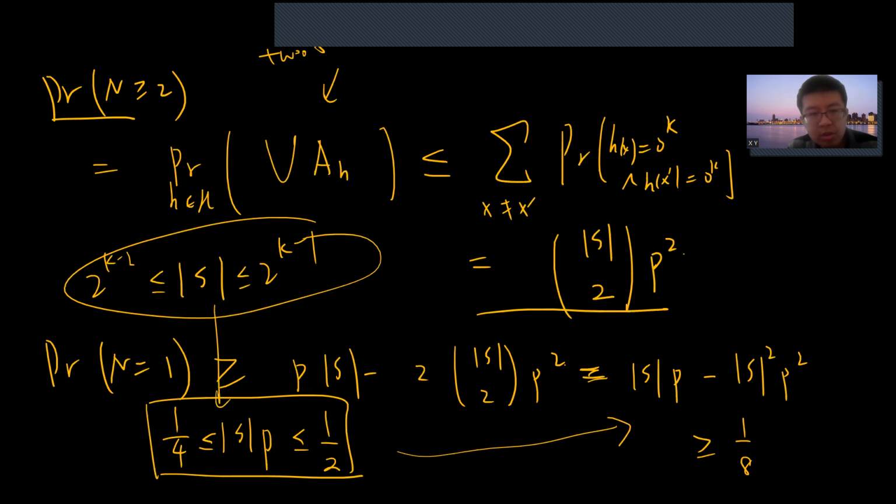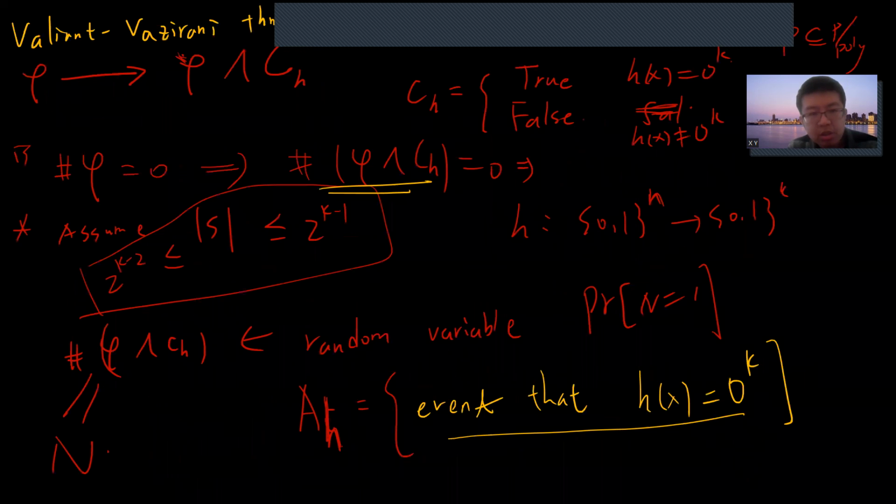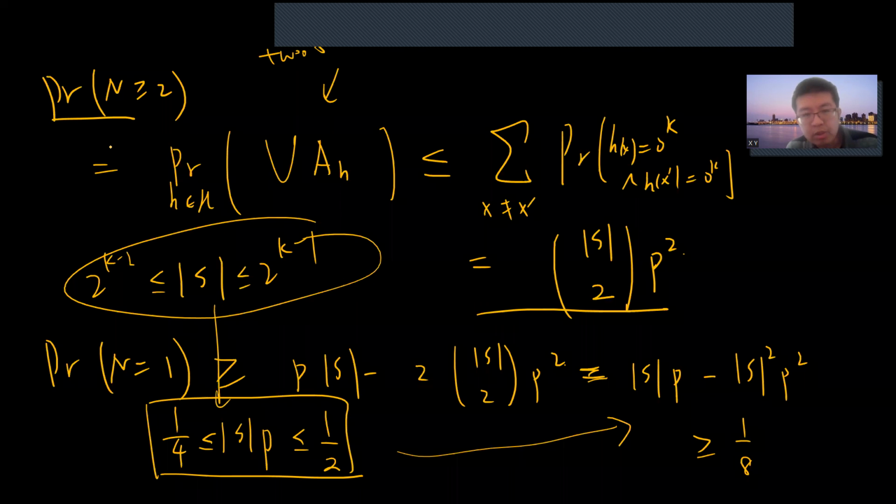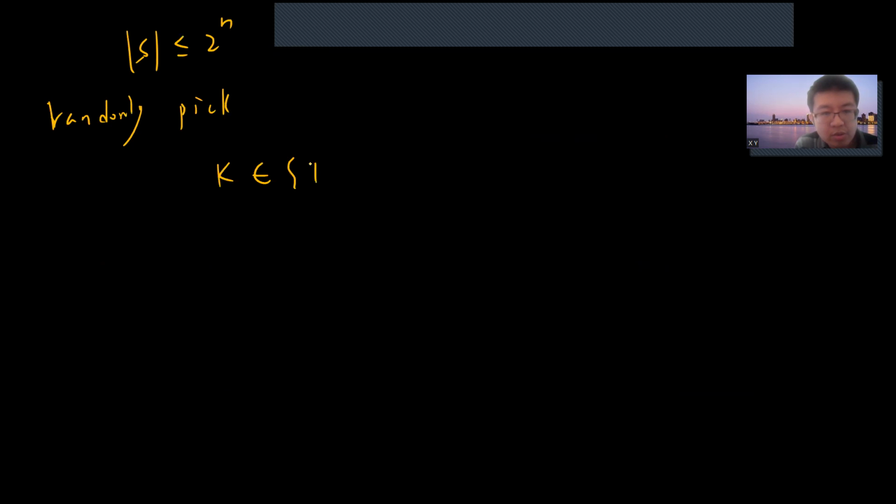But the problem is that we don't know s in the beginning, because we cannot solve this. We don't know how many solutions the Boolean formula has. But what else can I do? We can just randomly pick, because we know that s is at most 2 to the n. So I can randomly pick k from 2, 3, 4, up to n plus 1.